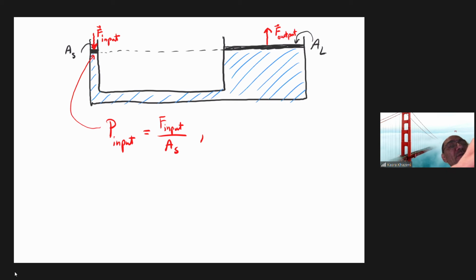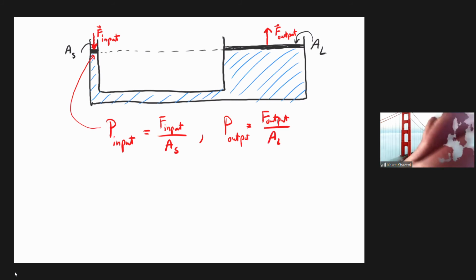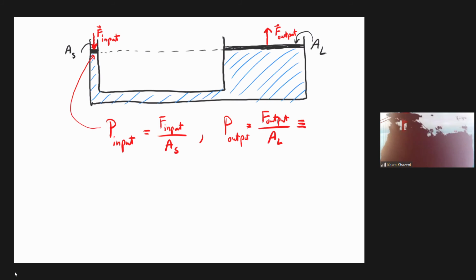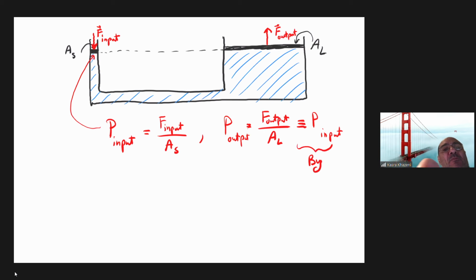So the pressure at the output, which is the force output over A of large, has to be equal to the pressure of the input, by Pascal's principle.